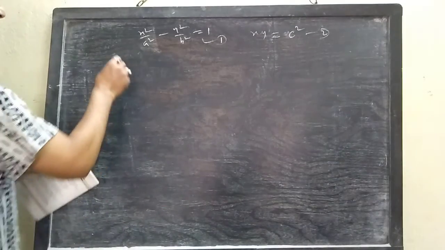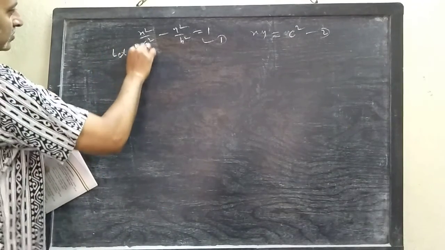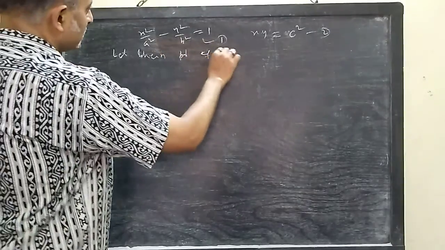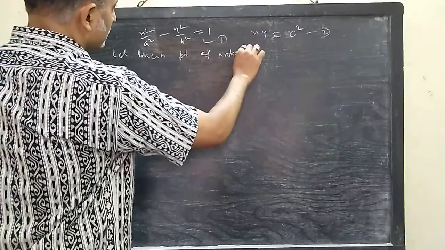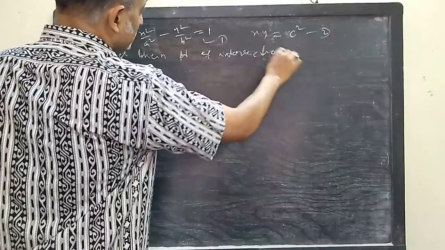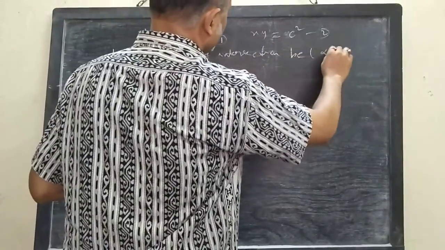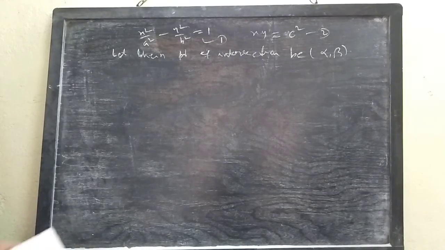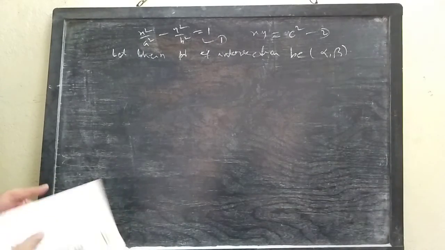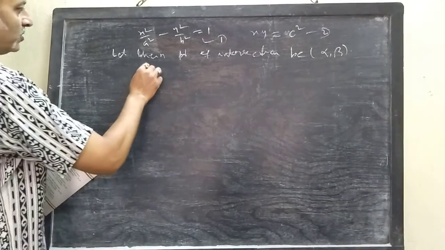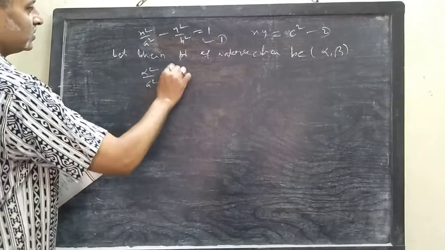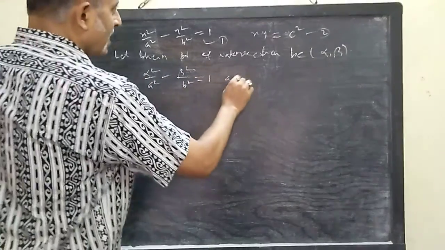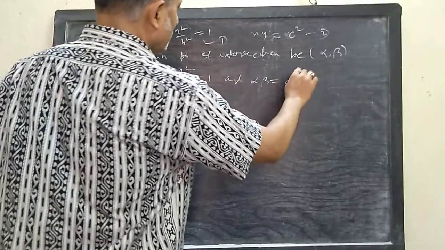The first line, let their point of intersection be alpha beta. As alpha beta is their point of intersection, this point must lie on both the curves. Therefore we have alpha square by a square minus beta square by b square equals 1 and alpha beta equals c square.